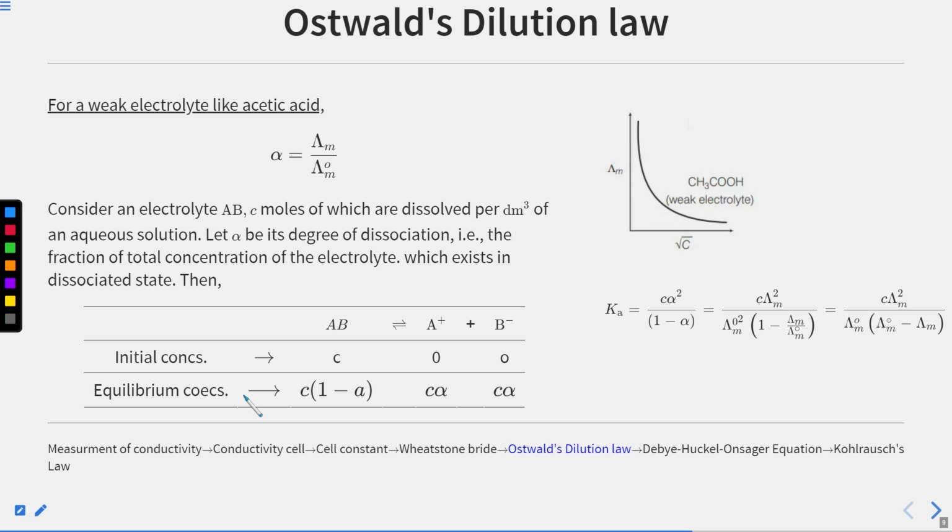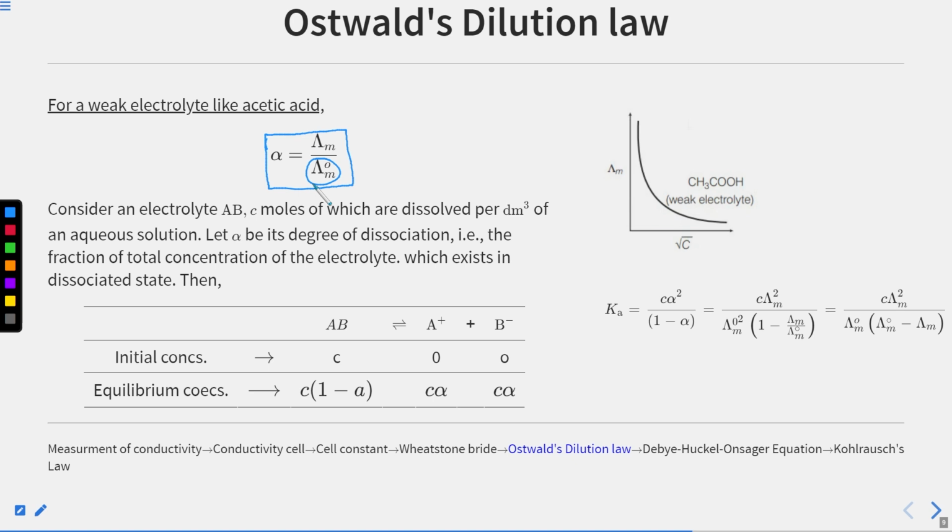So for a weak electrolyte, a very good formula is alpha is equal to lambda m by lambda naught m. What is alpha? Alpha is equal to lambda m by lambda naught m. I have already mentioned this term in the previous class.